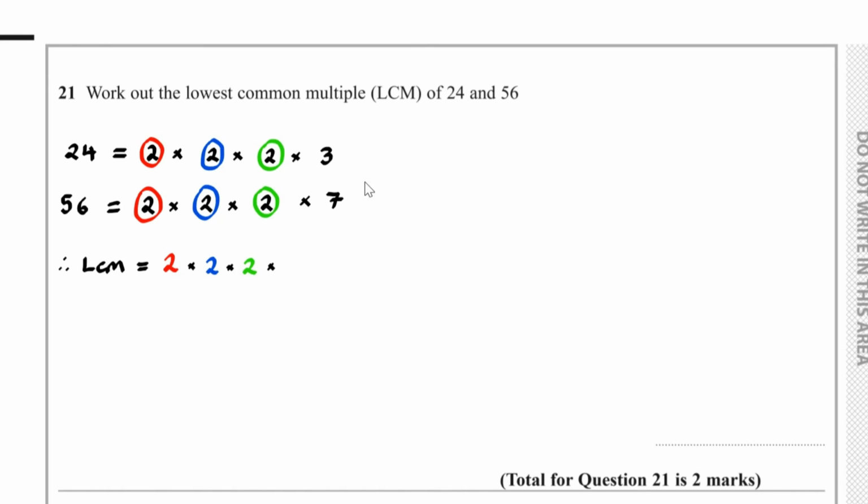And then we've got the 3 and the 7 which we need to multiply. So if we work this out, we have 8 times 7 times 3, which is 168. So the lowest common multiple is 168.